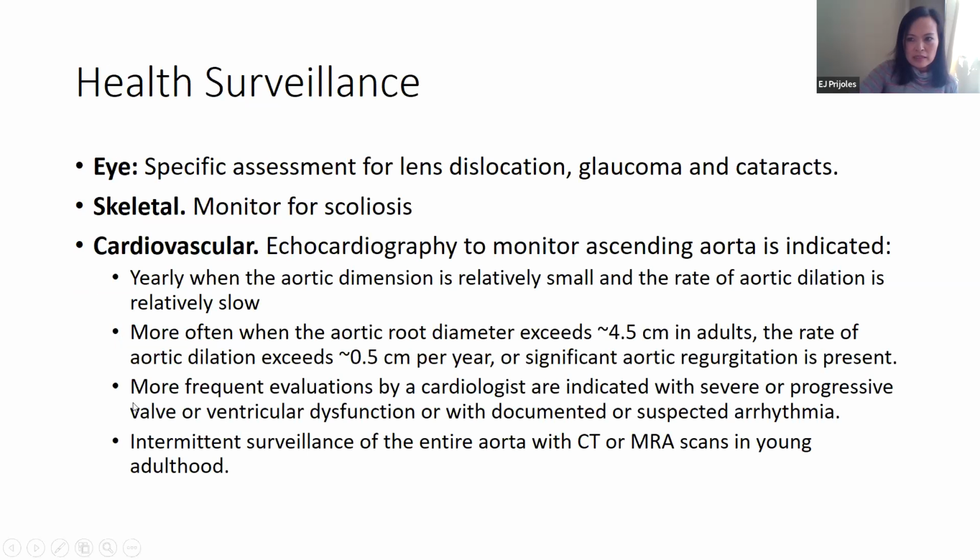So the health surveillance, again, going through the organ systems that are of particular interest, includes making sure that they get good eye exams to assess for lens dislocation, glaucoma, or cataracts.